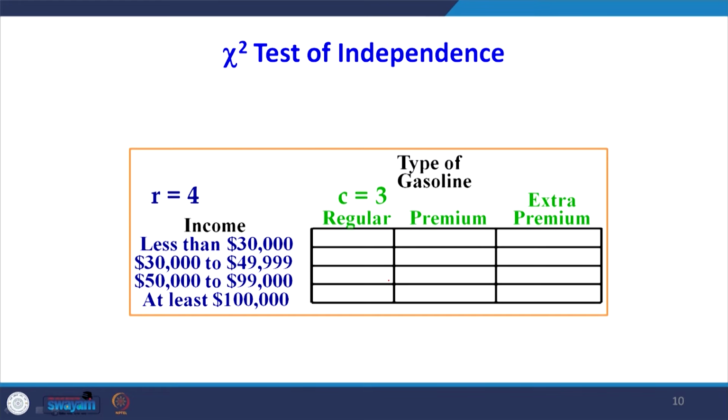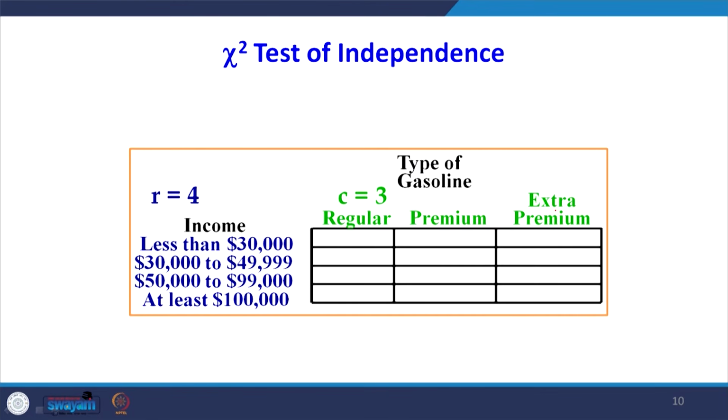In the rows I have captured their level of income: less than $30,000, the next category is $30,000 to $49,999, next is $50,000 to $99,999, and more than $100,000. In the columns, I have asked what type of gasoline, fuel, you are using: regular, premium, extra premium.